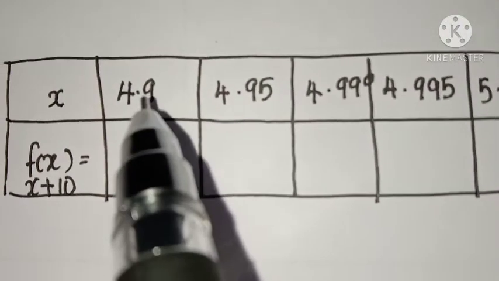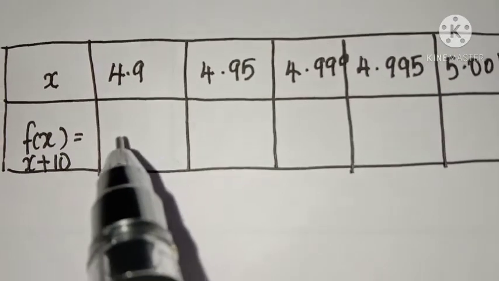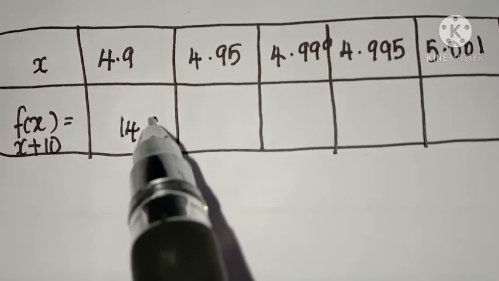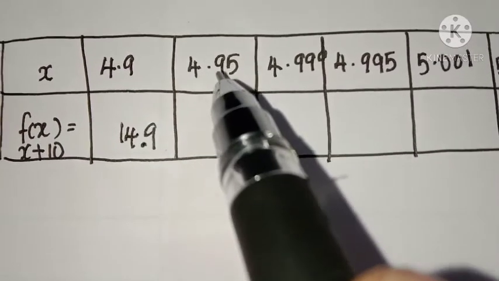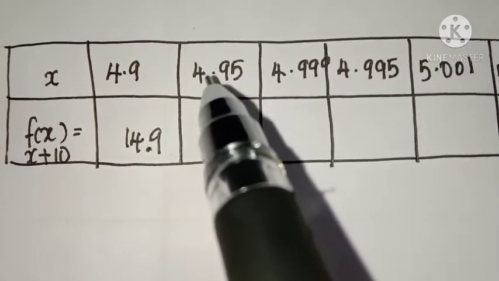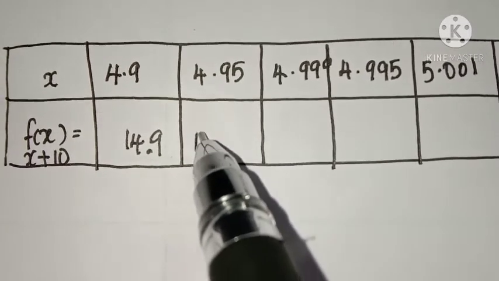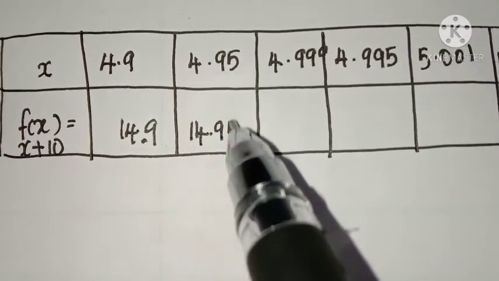If we put x equal to 4.9, f of x becomes 4.9 plus 10, okay, 14.9. And when x equal to 4.95, f of x equal to 14.95.